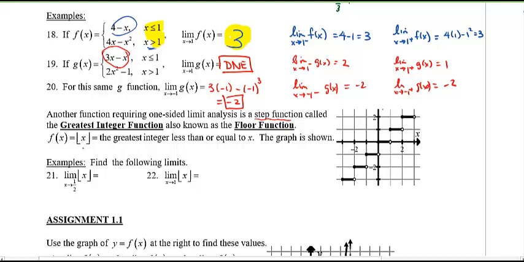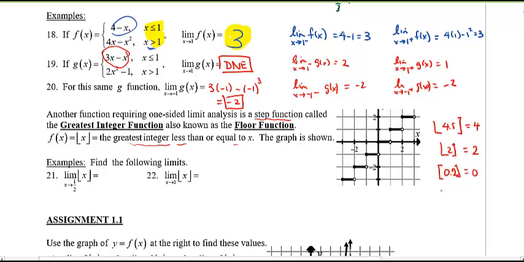Really what I'm saying is the greatest integer function requires you to find the greatest integer less than or equal to x. So if I said, what's the greatest integer less than or equal to 4.5? You say the answer is 4. What is the greatest integer less than or equal to 2? The answer is 2. The greatest integer less than or equal to 0.2?